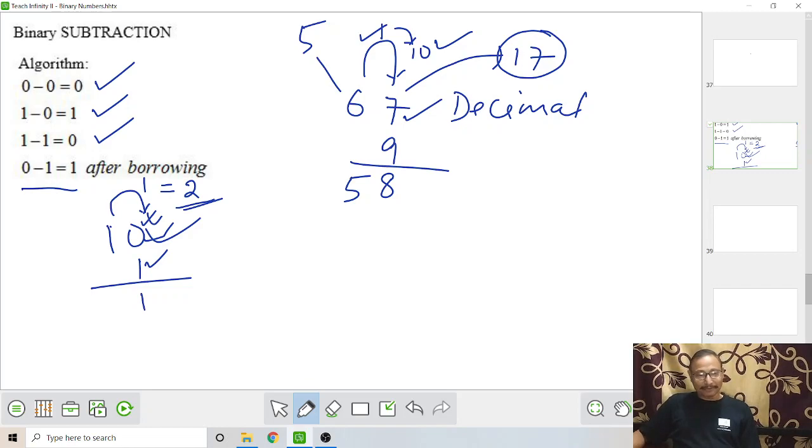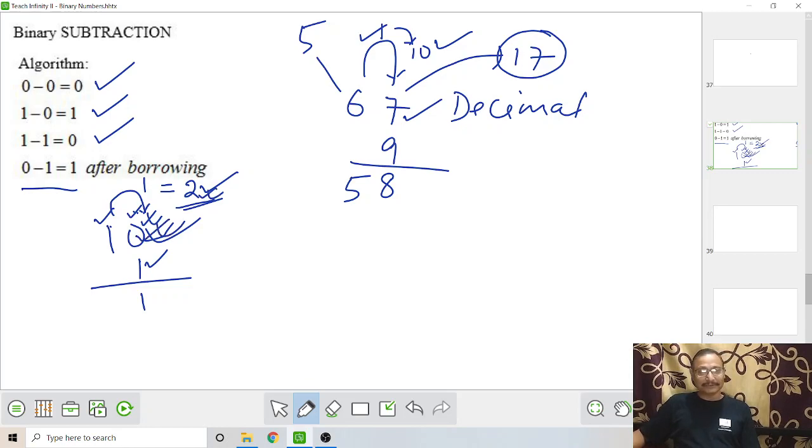Okay. Now you will ask a question, sir, how can you think about this situation that here we are having 2 as a number? No, never think like that. Actually, when we take a digit here as 1, this one and this one have different meanings, and the decimal equivalent for this place is 2.